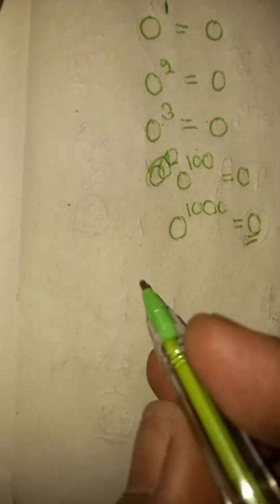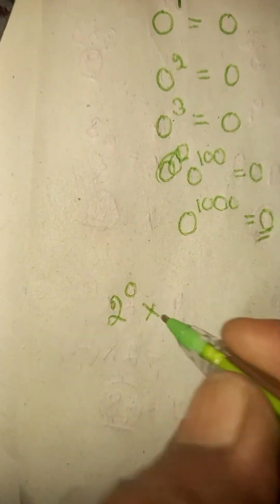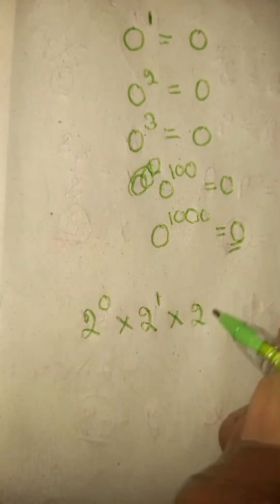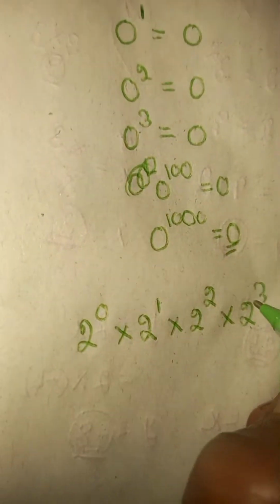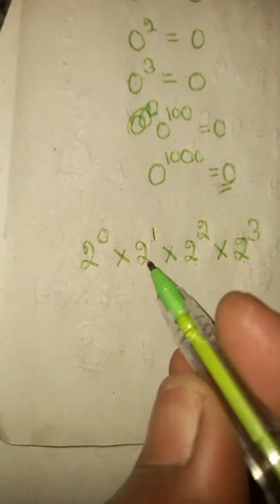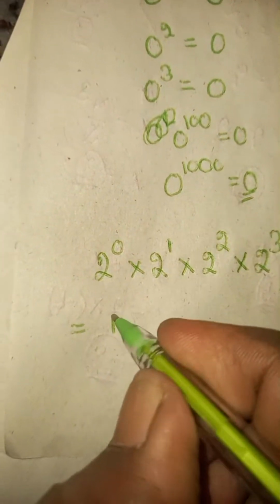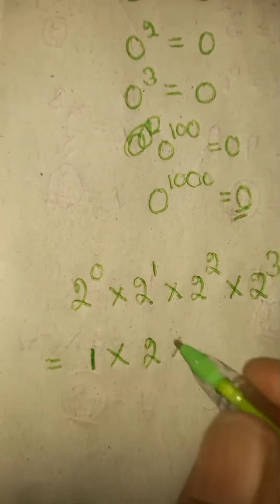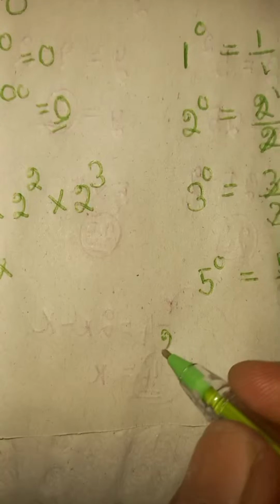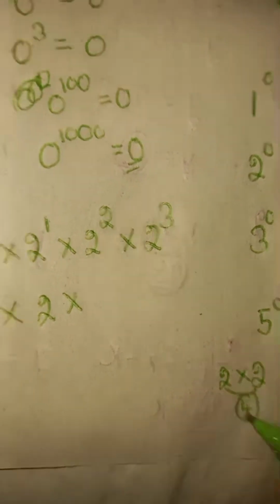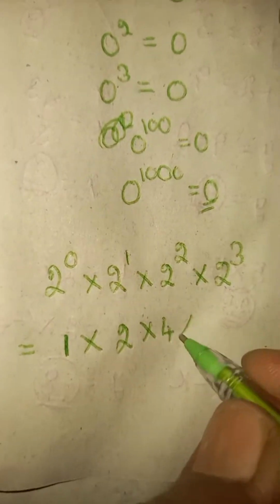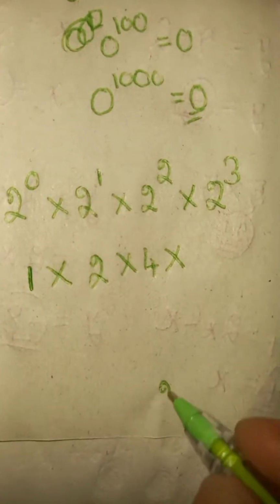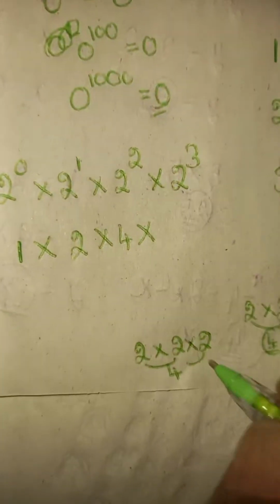Let's do more problems with the number 2. Let's take 2 power of 0 times 2 power of 1 times 2 square times 2 cube. 2 power of 0 means it is 1, since any number to the power of 0 is 1. 2 power of 1 remains 2, and 2 square is 2 times 2, which is 4. 2 cube means 2 times 2 times 2: 2 times 2 is 4, and 4 times 2 is 8.